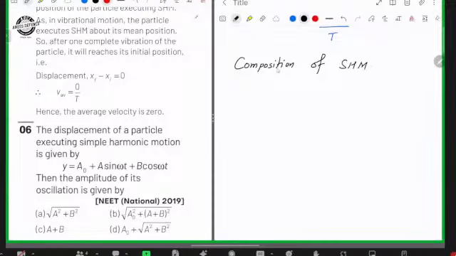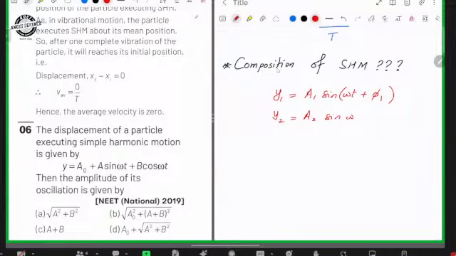Suppose the first SHM is given by the equation A1 sin(omega t plus phi 1), and the second by A2 sin(omega t plus phi 2). When there are two SHMs of different amplitude and different initial phases, their combination is called composition of SHM.